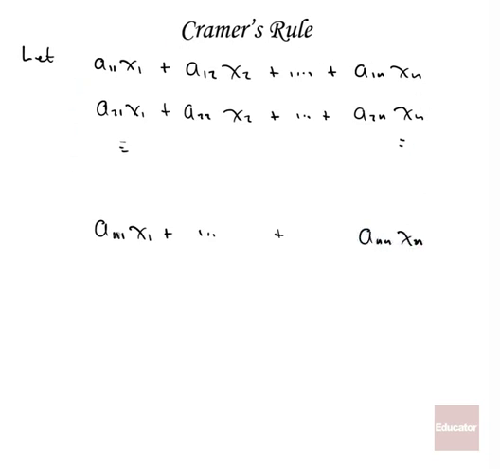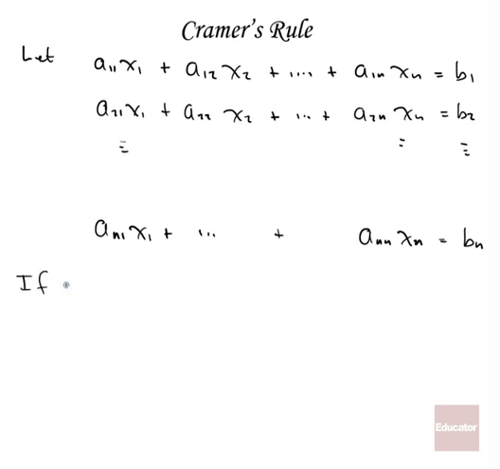So this is a system with solutions b1, b2, all the way to b sub n. So this is a linear system, n equations, n unknowns.